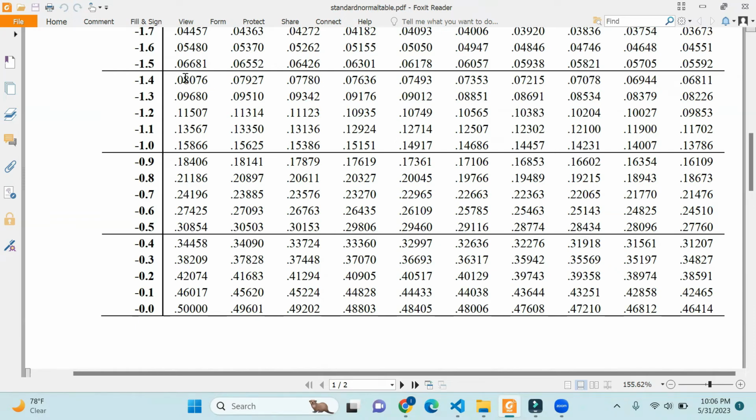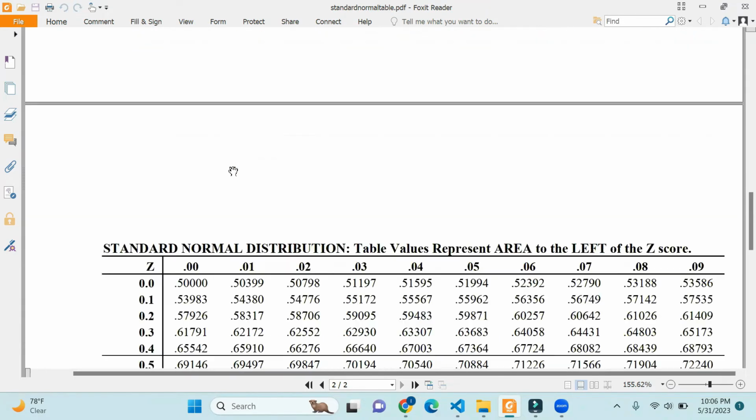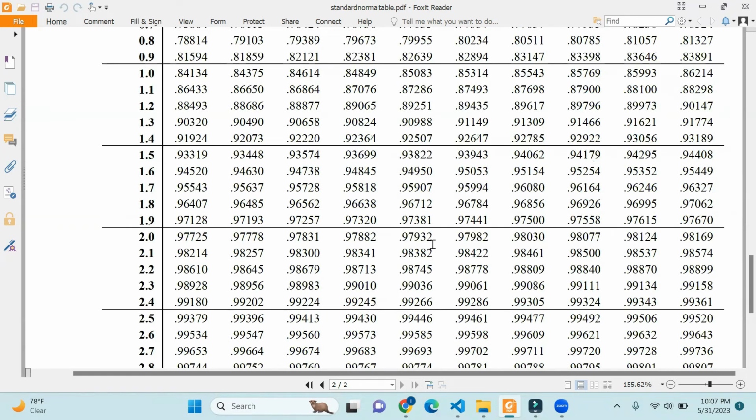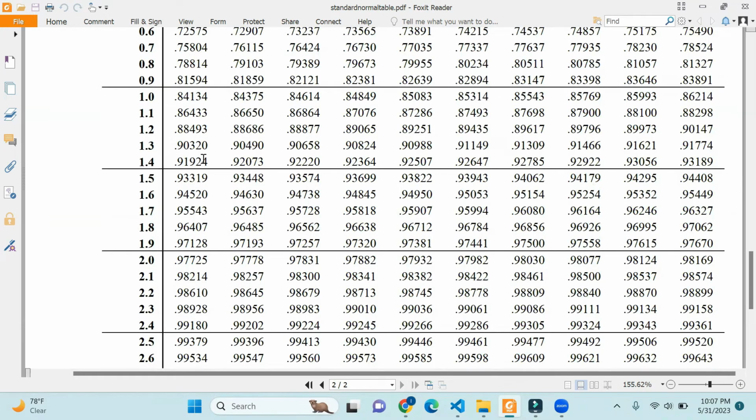So the corresponding lower quantile of the middle probability is negative 1.4. Similarly, if we try to match 0.92, this value matches the probability 0.92. Therefore, the corresponding Z-score 1.4 is the upper quantile for the middle probability.